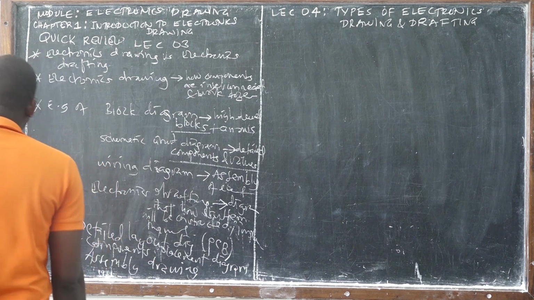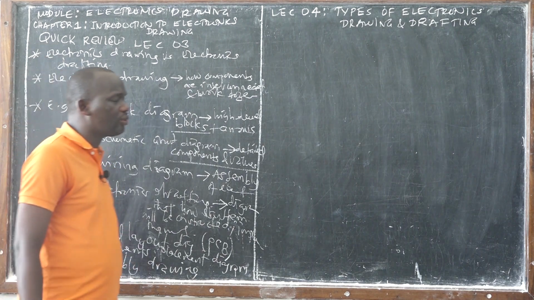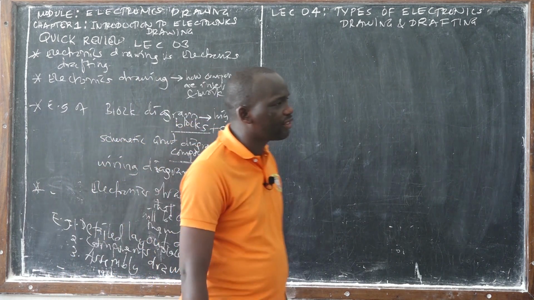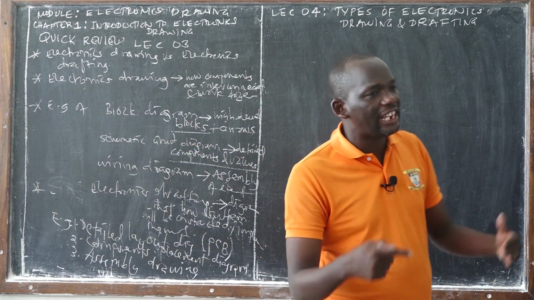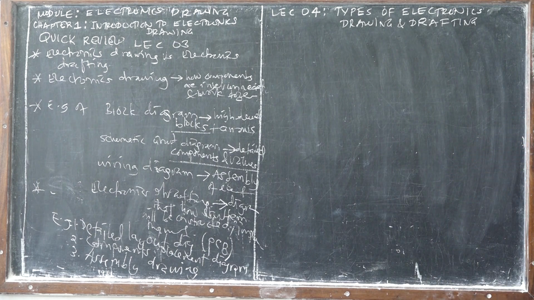So I left this one for you to discuss in detail. Then I ask you to do 7 differences between electronics drawings and electronics drafting, and you have to support each difference with a diagram. So I expect your assignment to have 14 diagrams for 7 students in one group.